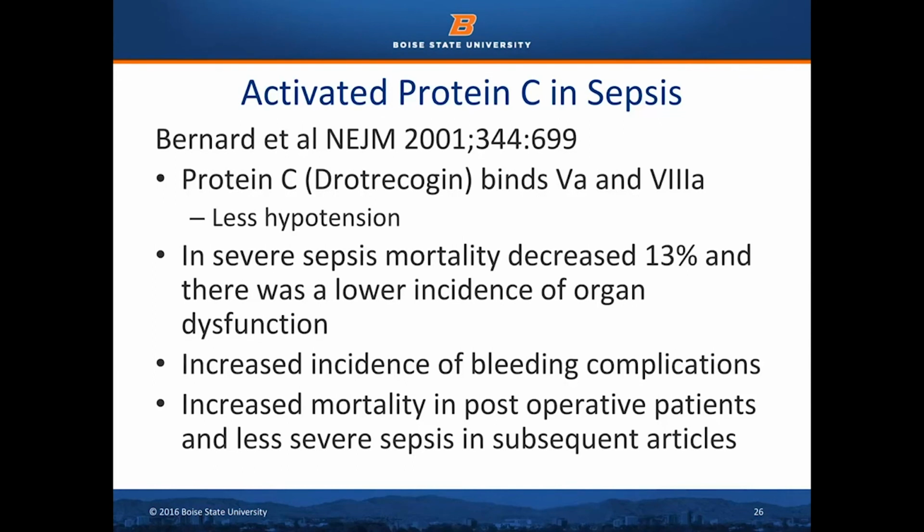The early enthusiasm for this in the early 2000s has pretty much been replaced, and so it's an intervention I might use in a really young person from like meningococcus or other types of bacterial sepsis who's having an intense inflammatory response, and DIC. That would be the setting in which I might use activated protein C if I used it early.